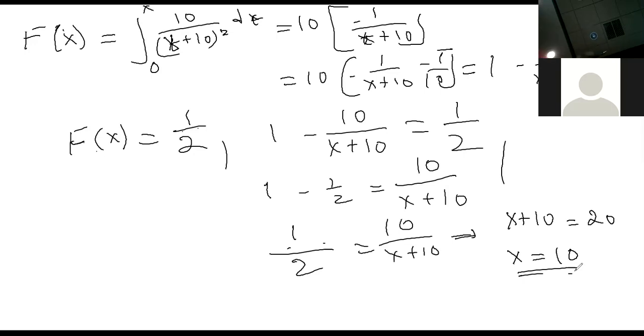Do you remember what we found as the probability that x is less than or equal to 10? The median is 10. So I just want us to play with calculus, applying it to probability.